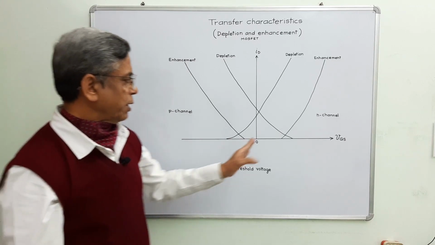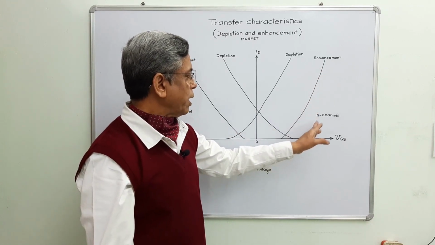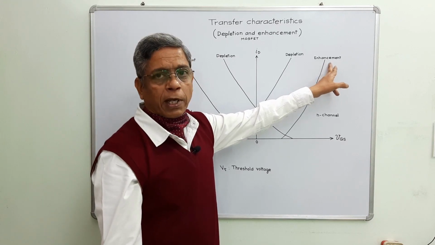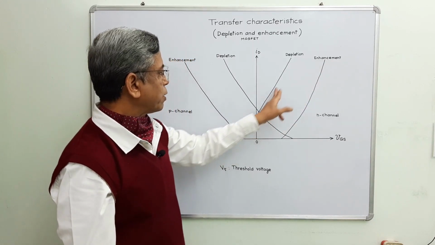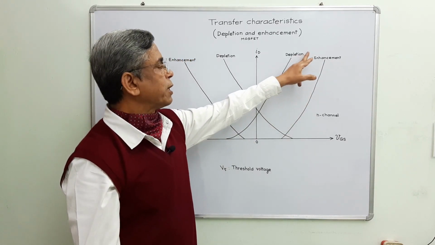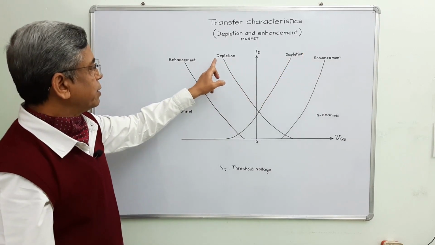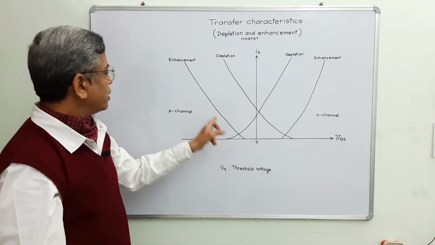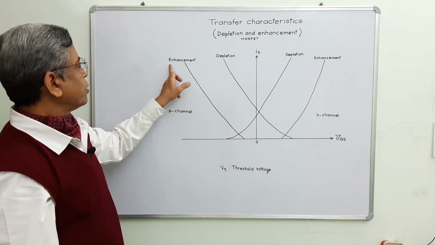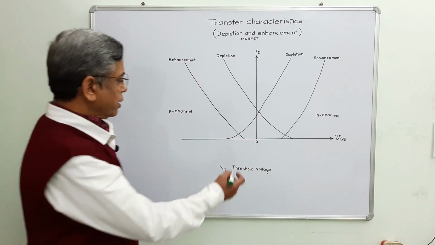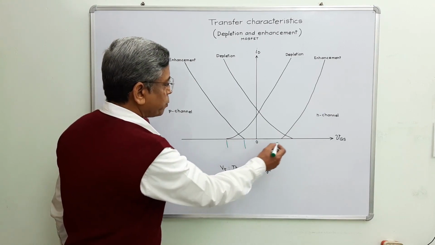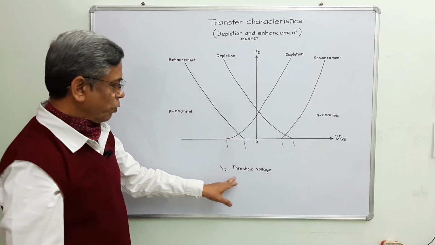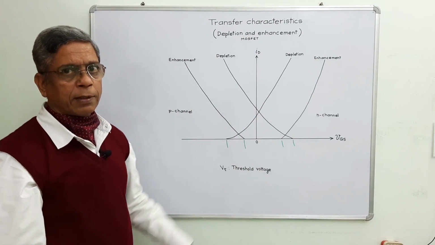For example, this is a curve for N channel enhancement type MOSFET, and this is a curve for N channel depletion type MOSFET. Similarly, this is for P channel depletion type MOSFET, this one, and this one for P channel enhancement type MOSFET. And these points denote threshold voltages for these devices.